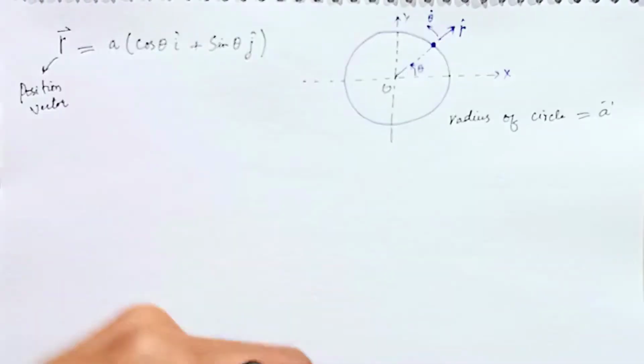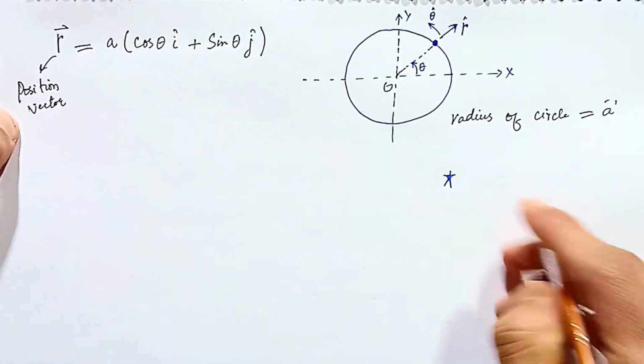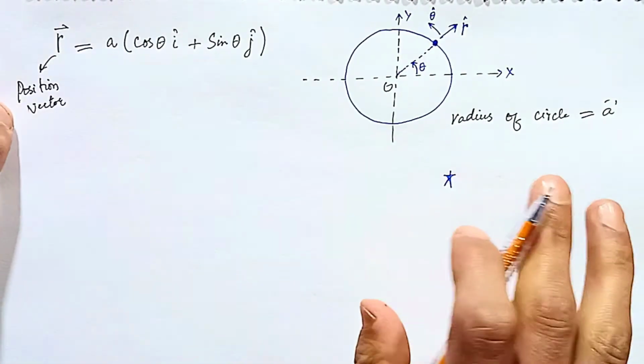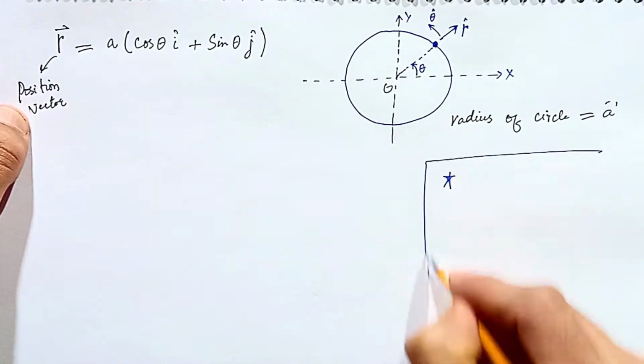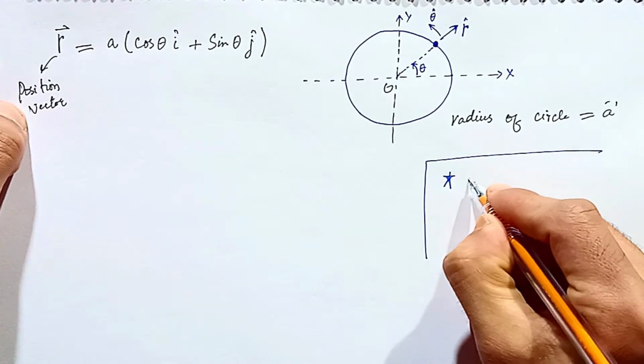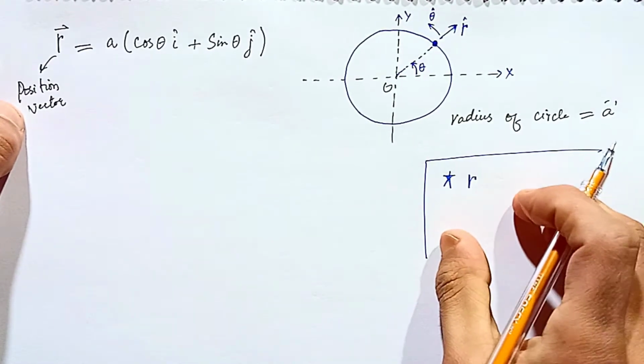Now, where is it obtained from? It is very simple. You can check it out here. For any vector in the Cartesian coordinate system, how do we write it? Say we are writing r, the position vector here.